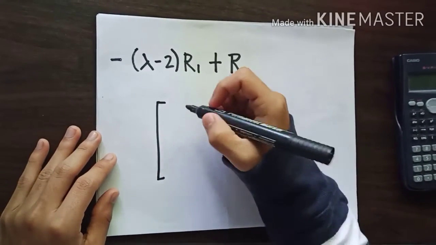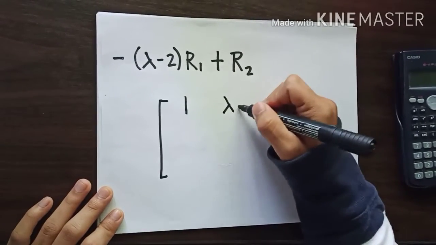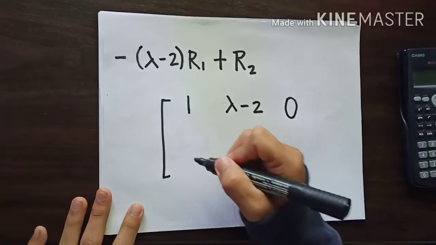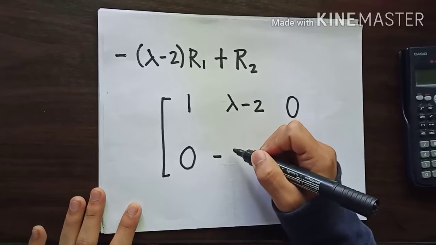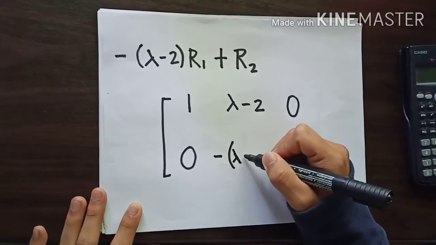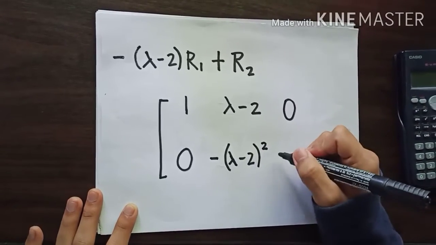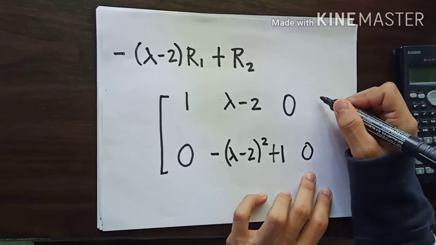So now we will have 1 on the first row, lambda minus 2, and 0. Same as the recent one. And then for row 2, we will now have 0, negative lambda minus 2 squared, plus 1, and 0.